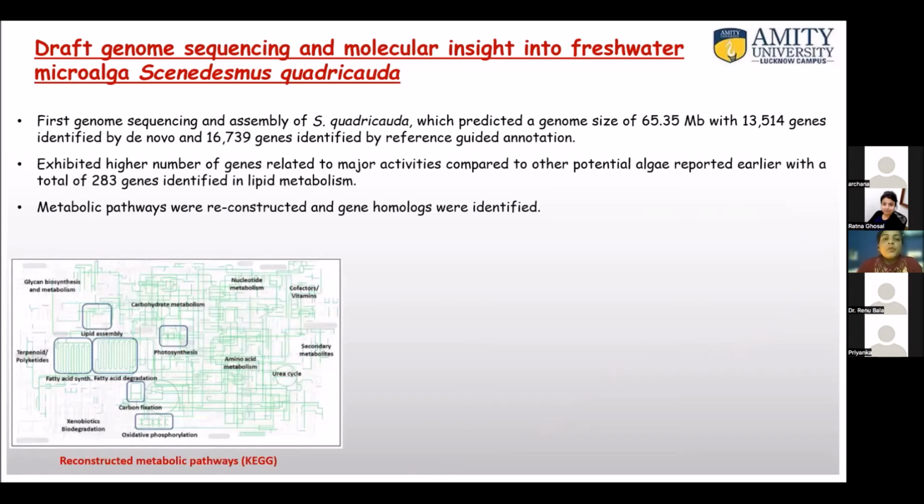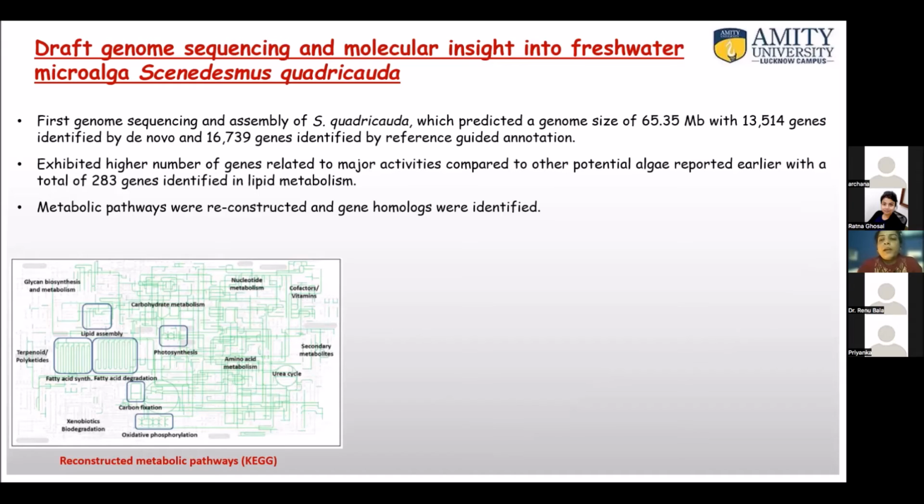So we have chosen this algae and we have done the genome sequencing for this algae. And actually it's a kind of treasure box which open up so many important gene sequences for us just to work on. We have now so many avenues opened up with us to work on. So that is very important.